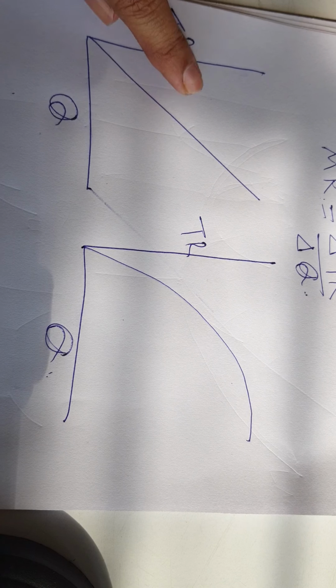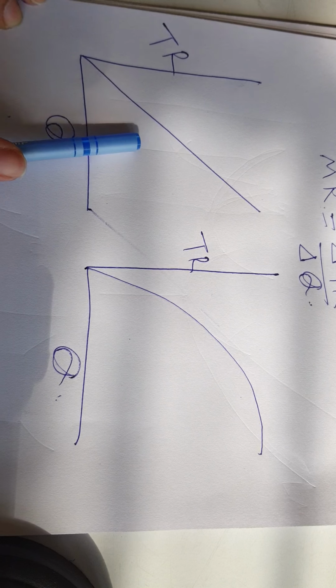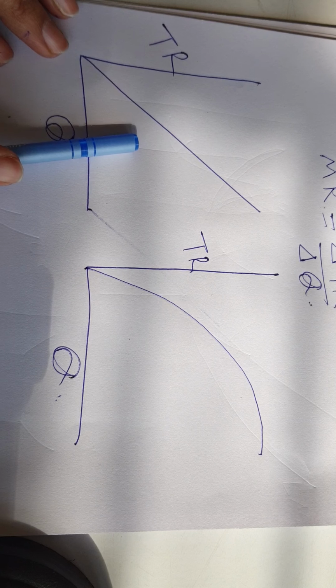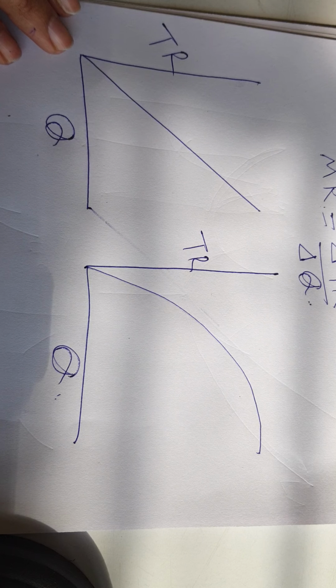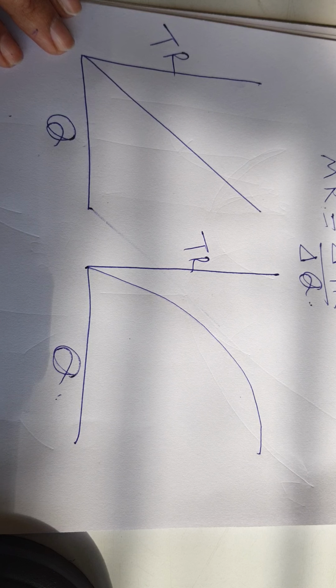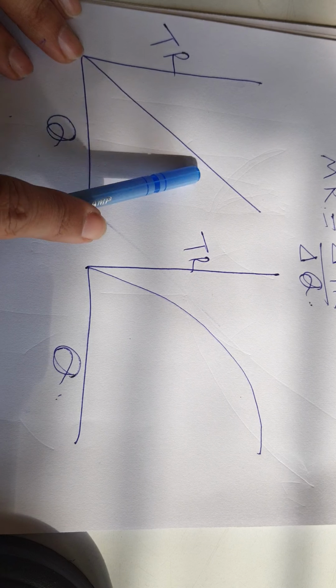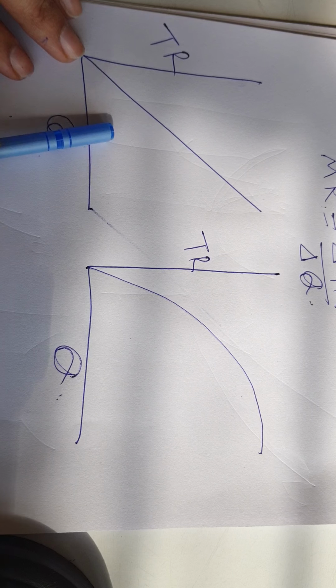This type of total revenue curve is found only in a particular type of market, which is called a perfect competition market. You are a small producer and you are supplying a very small quantity in your whole market. I mean, your market share is so small that you are selling a very small part of the total supply of the market. So that is why, if you are producing more or less, you are not affecting the price.